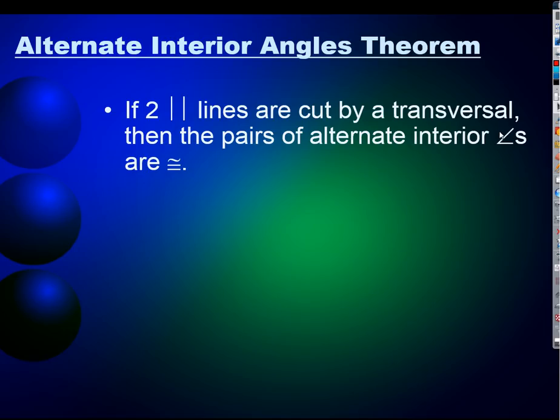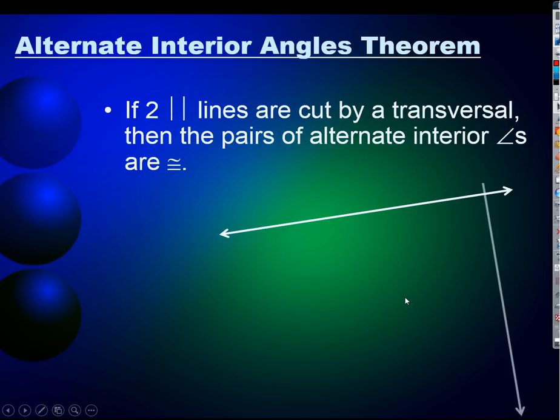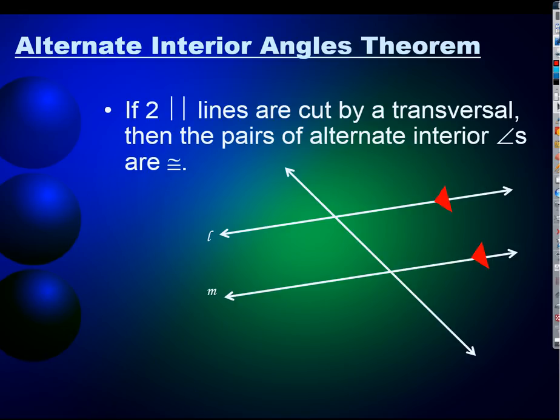If two parallel lines are cut by a transversal, then, in this case, this theorem tells us that all the pairs of alternate interior angles are congruent. Okay? So if the lines are drawn this way, then angles 1 and 2 would be congruent.